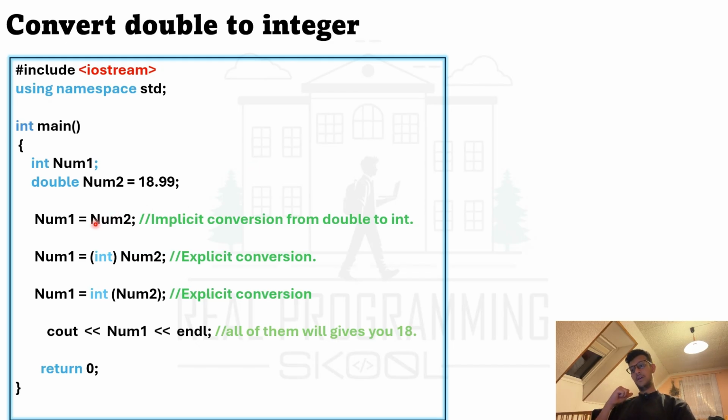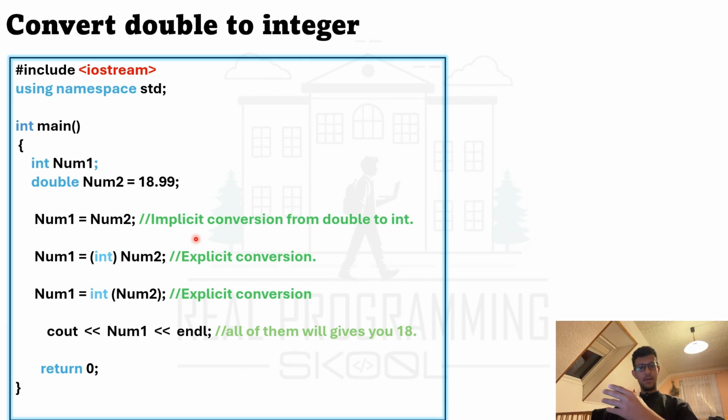For example, here num2 belongs to double data type, and inside num2 we stored 18.99. But num1 belongs to integer data type, and integer data type just holds whole numbers. Since we did not tell the compiler that we want to convert the value from double to integer, the compiler will do it implicitly.